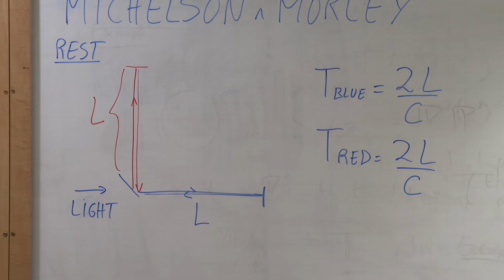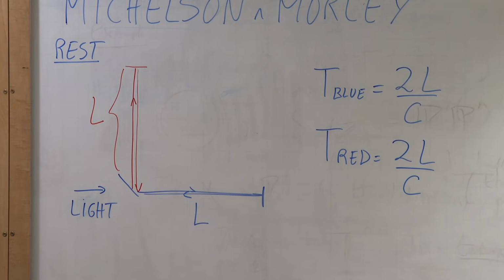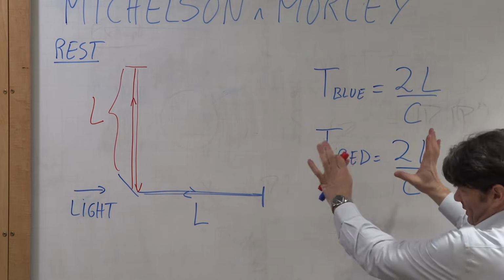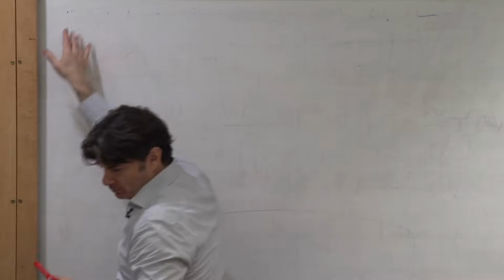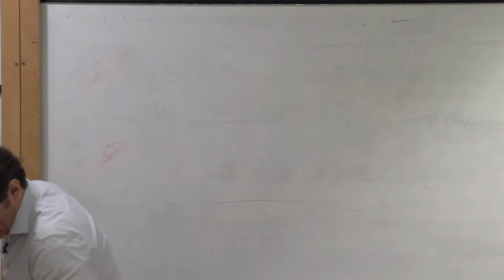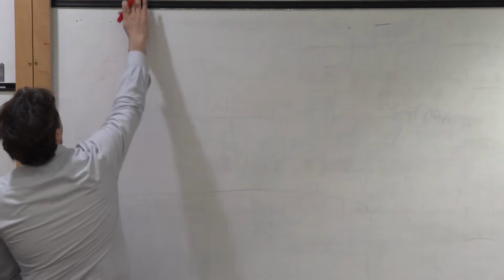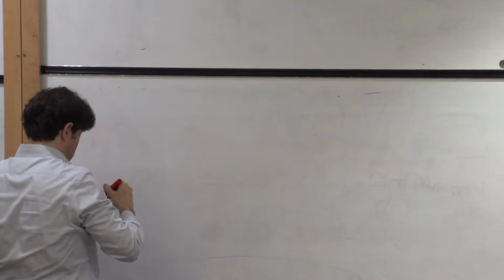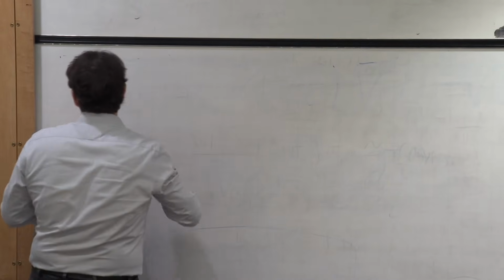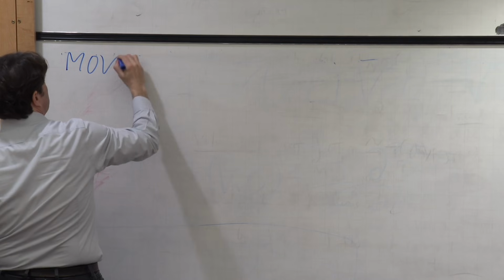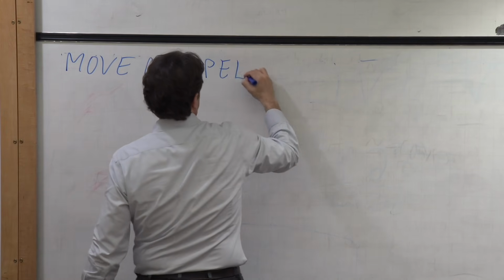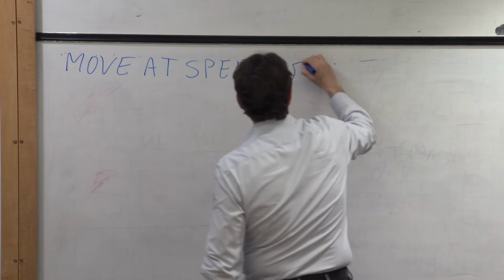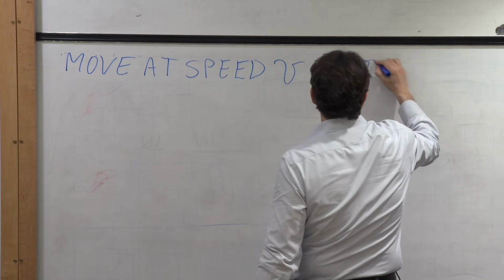Now let's make it more interesting, okay? So this is the first thing. Let's imagine now that the experiment, or that we, are moving at speed v in the blue direction.